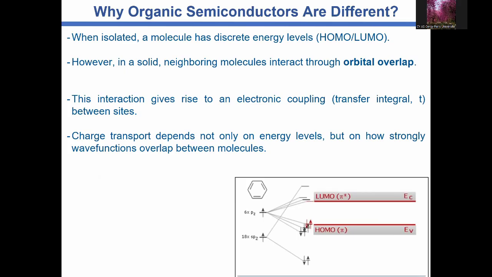So in terms of orbitals and neighboring molecules, here we have the benzene that is rigid.